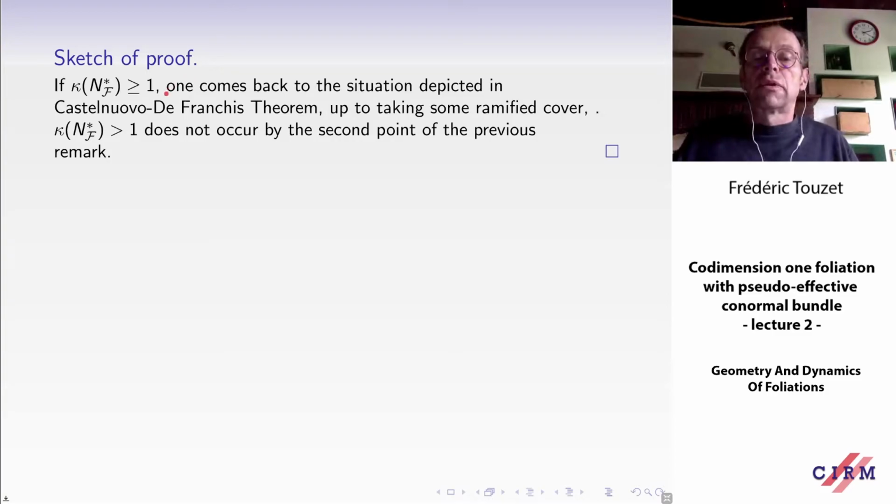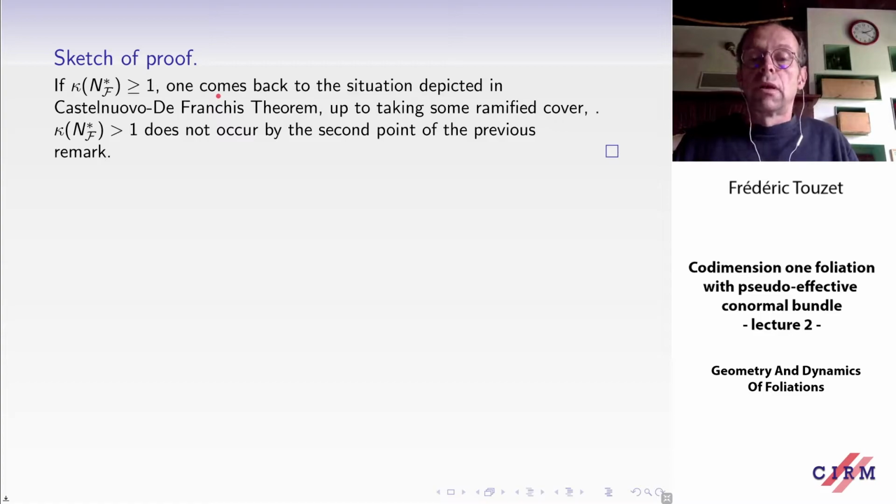If the Kodaira dimension is greater or equal to 1, so one can indeed suppose, up to passing to some finite ramified covering, well, this is the so-called ramified covering trick, I can suppose that the dimension of the space of sections of the conormal is greater or equal to 1, and can conclude simply by applying the Castelnuovo-de Franchis theorem.